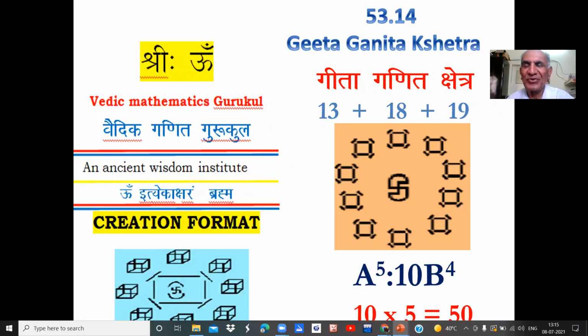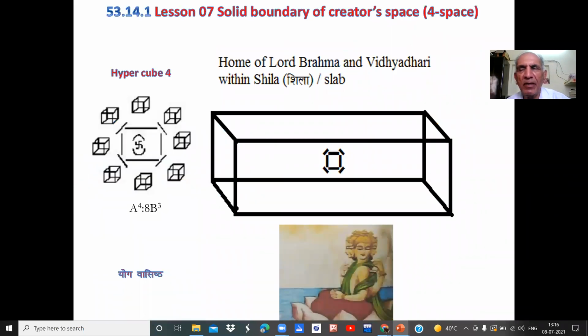Welcome. Today, in sequential continuity of the previous step, we are visiting the features of the solid boundary of the creator's space. In the previous session, we focused upon the features of the spatial dimensional order of the creator's space.